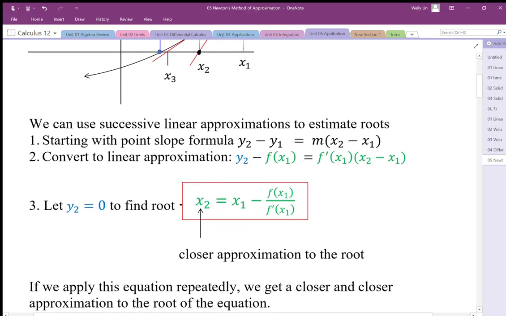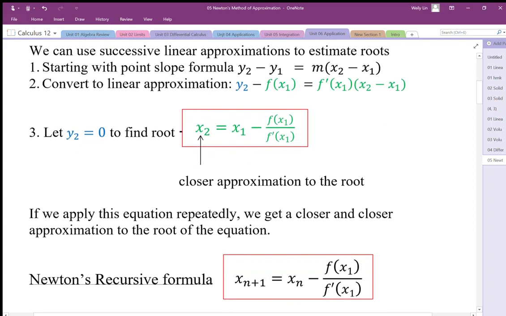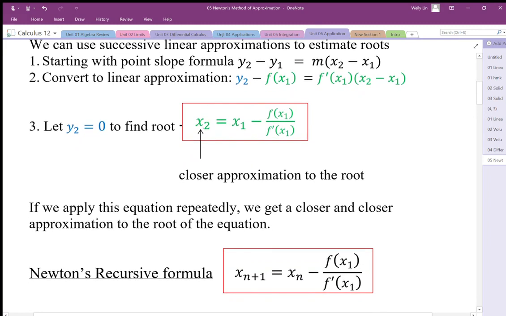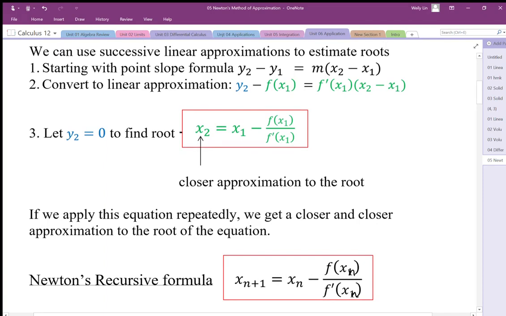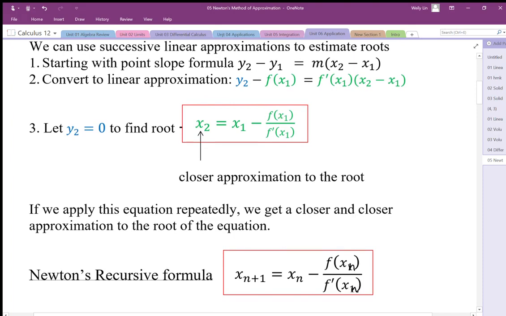Now because we can reapply this, we can generalize it. Instead of just saying 1 to 2, we can say n to n plus 1. This should be n here and n here. So we're going to plug the n values into the function for the y value, calculate the slope at xn, and using that we're going to get the next iteration, or the next 0, based on this rearrangement that we've got up here.